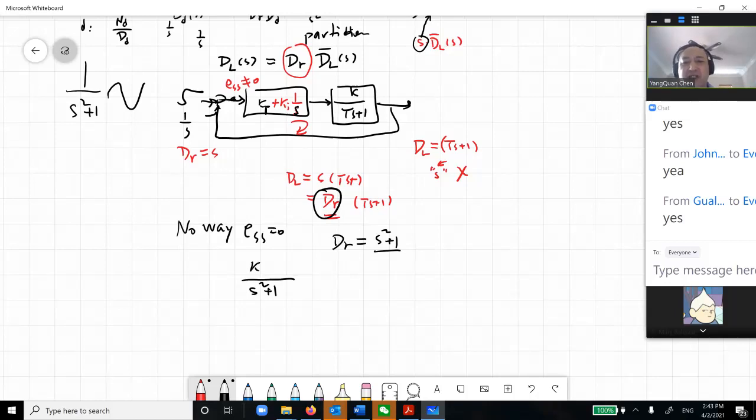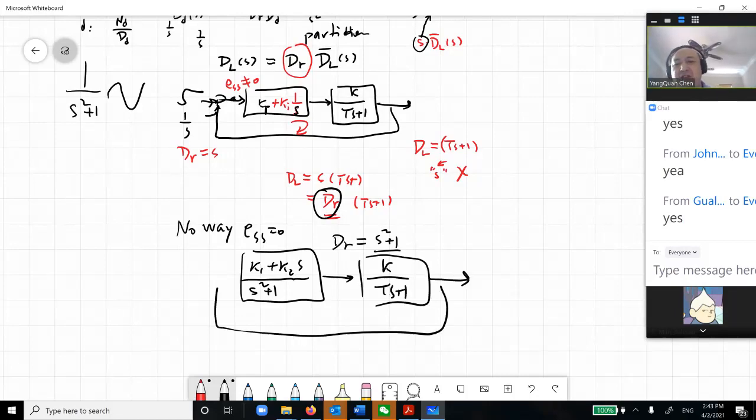And here you put a k1 plus k2s. Okay, you can do that. Then you have a sinusoid in here. So in this case, you can make the ESS 0. So that's called a controller architecture issue.